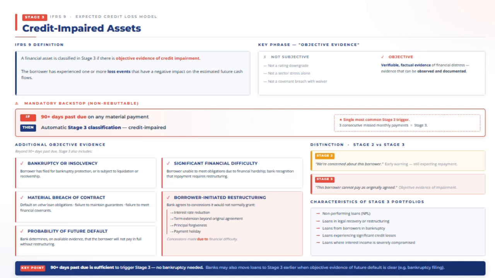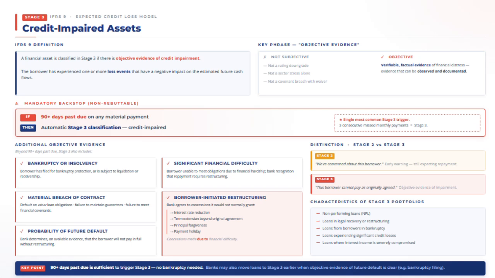So it must be objective and not subjective: not a rating downgrade alone, not sector stress alone, and not a covenant breach with a waiver. Objective evidence includes bankruptcy or insolvency filings, material breach of contract with failure to cure, and probability of future default based on observable evidence showing that the borrower will not pay in full without restructuring.